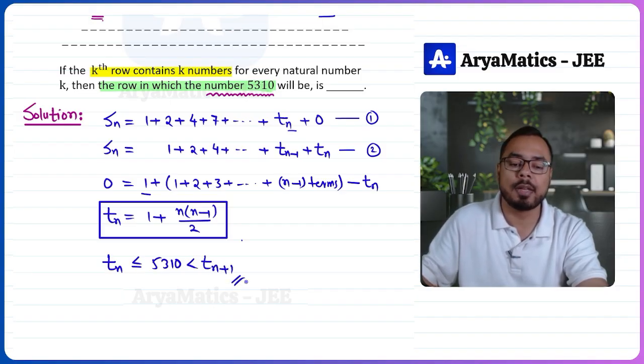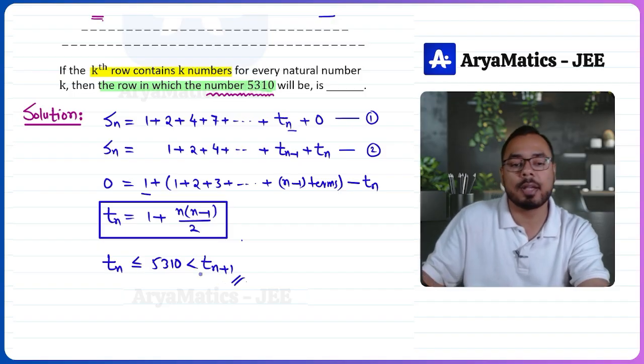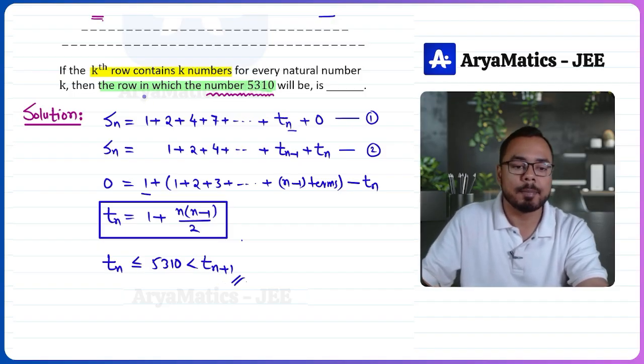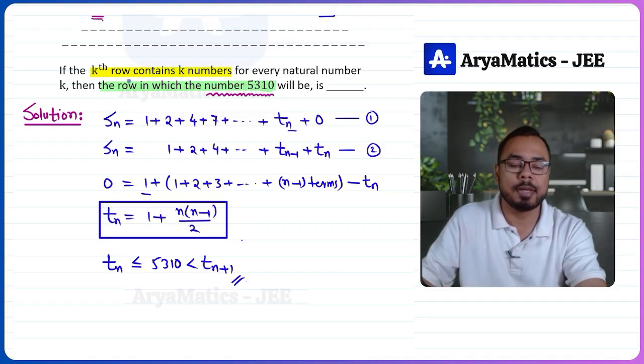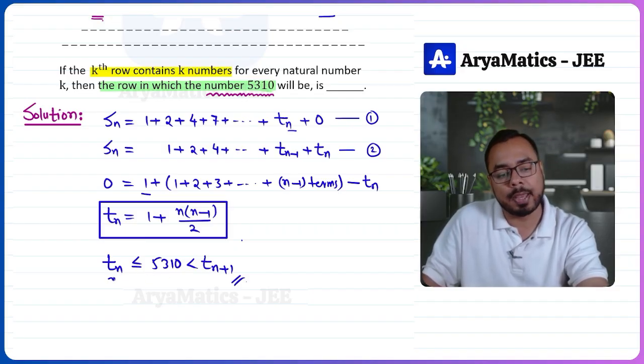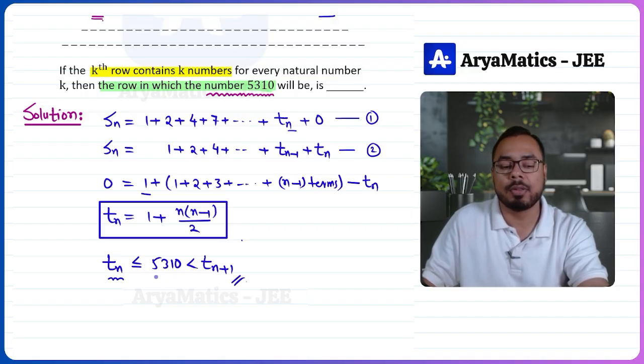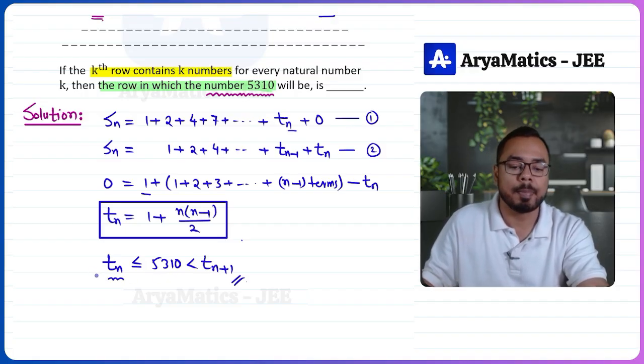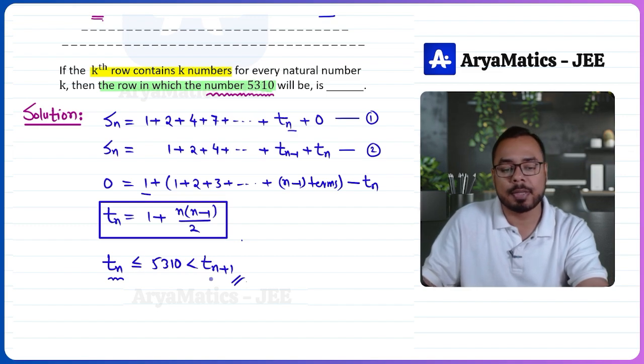By solving this inequality, the value of n that you get will be our answer, right? Because if this number is in the nth row, the first element of that nth row will be Tn. So 5310 must be greater than or equal to Tn, and it must be less than Tn plus 1.